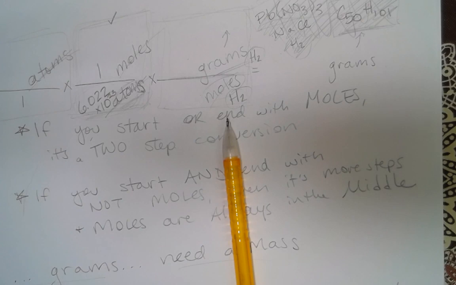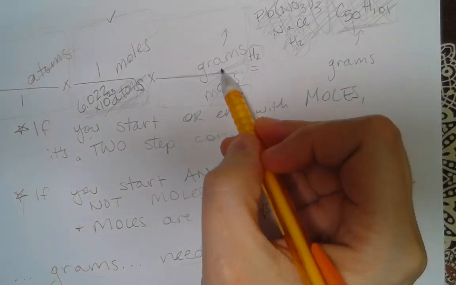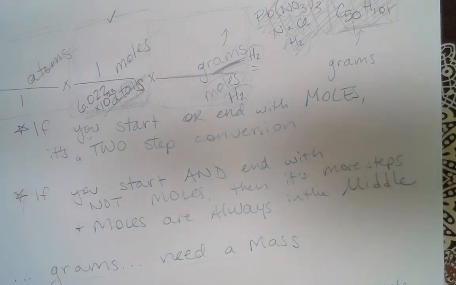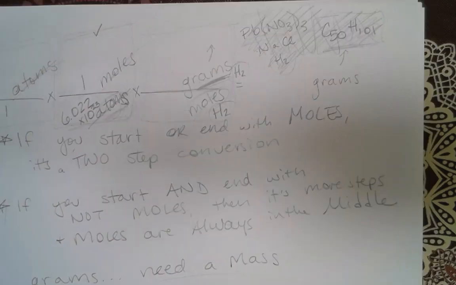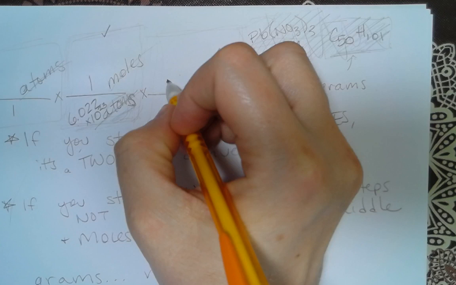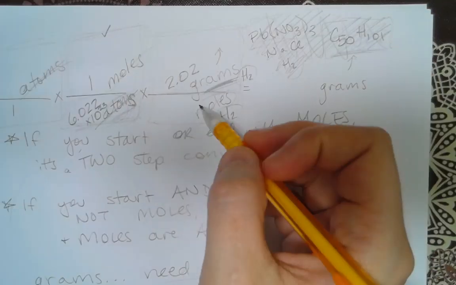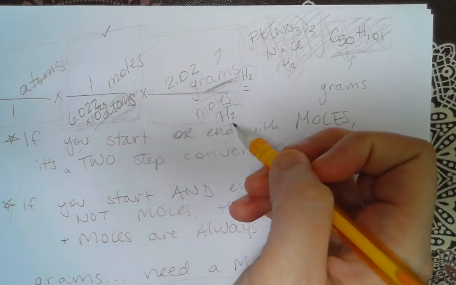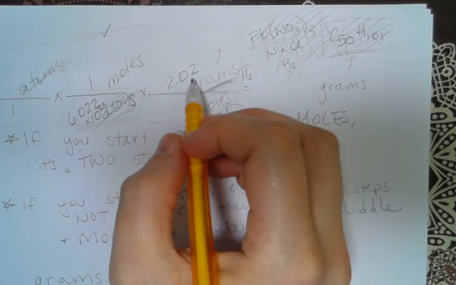So your grams are on the top, and that 2.02 has a unit of grams, so it's going to follow the grams. The grams here are on top, so the number follows the grams to the top. We've got moles on the bottom. It's that many grams in every 1 mole. It'll always be just 1.